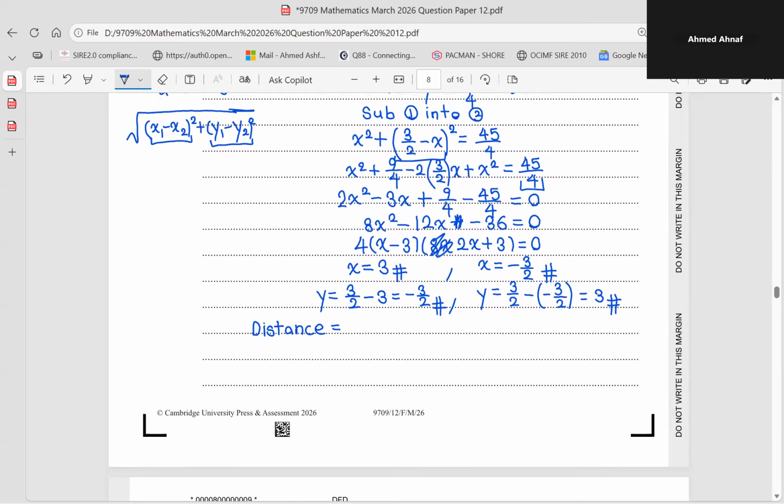Okay, so let's use that. x1 is going to be 3 minus x2, which is negative 3 over 2, squared, plus y1, that is negative 3 over 2. Remember, x1 and y1 have to correspond to each other. Minus y2, which is 3.